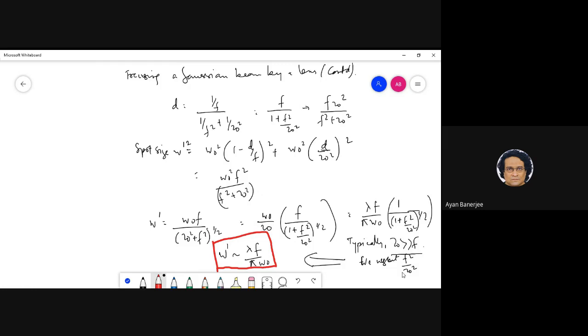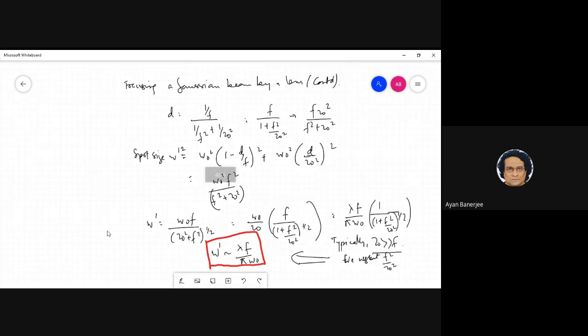So when you have very small z naught, what does it mean? What does small z naught mean? Small z naught means a diverging beam. Exactly, right?